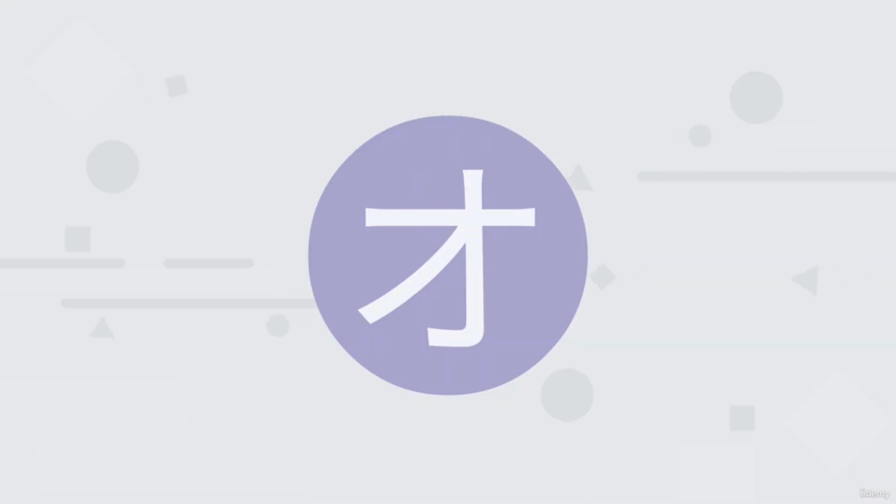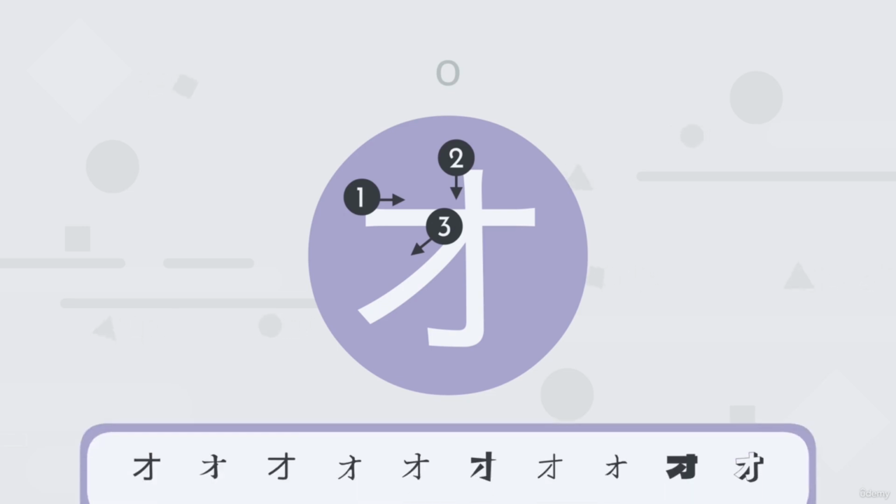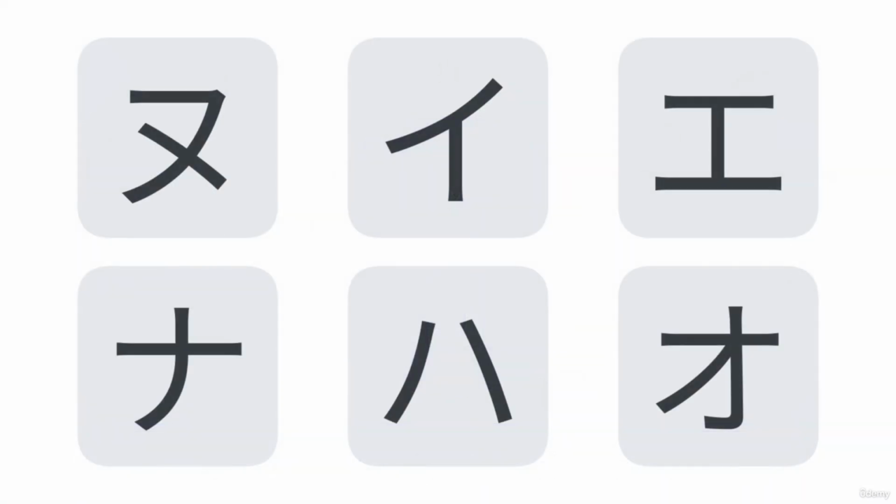The final character we'll learn is O. O. Which of these characters is O?